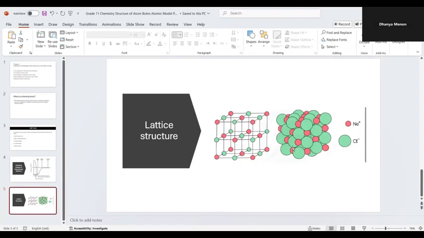In this, each sodium is surrounded by six chloride, and each chloride is surrounded by six sodium, and vice versa.